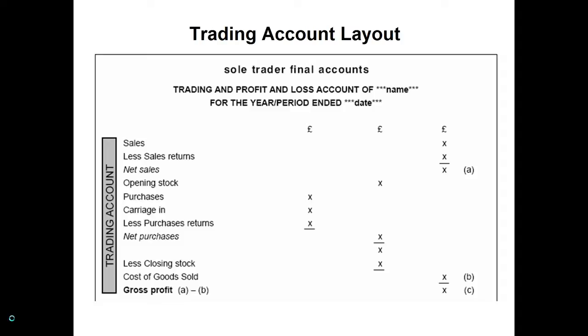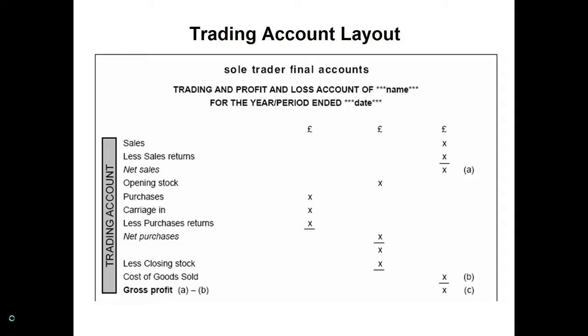You'll see in a moment another layout, which is my preferred layout, which is a bit more detailed. That would use brackets if it was written, but if it's typed, then it depends on what you're using. If you're using Excel, sometimes you type a number and it doesn't take brackets. So we've got sales, we take away the sales returns, or the returns inward, and that gives us net sales. That's the top section complete.